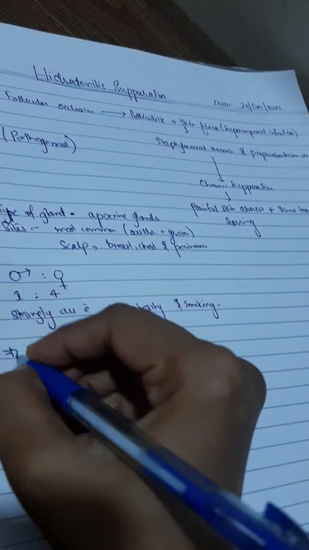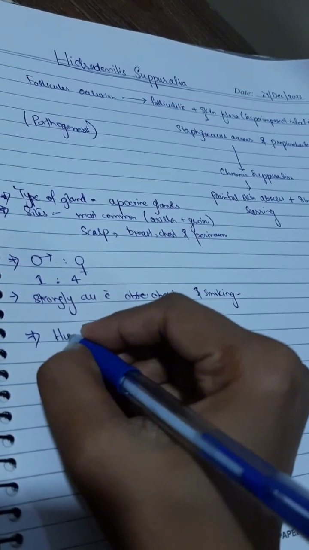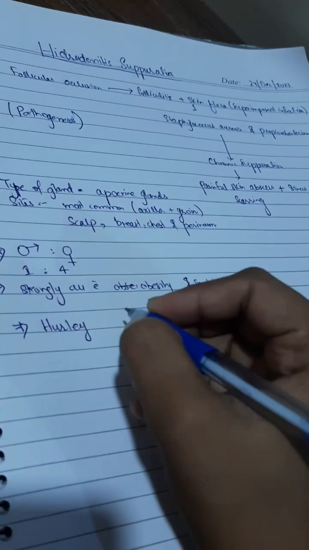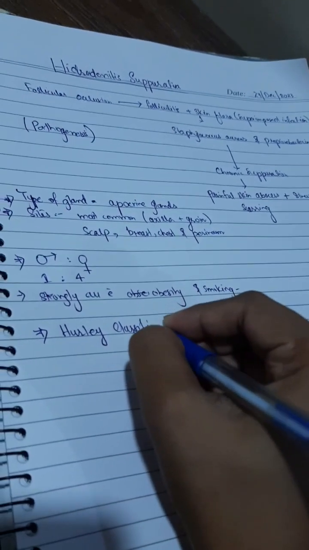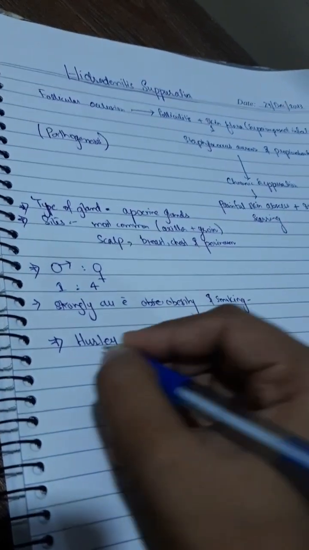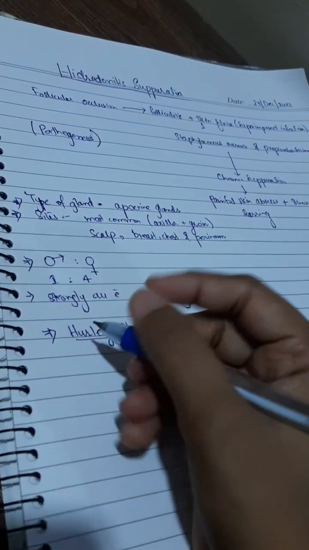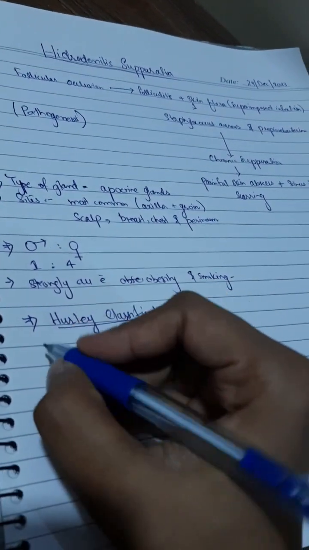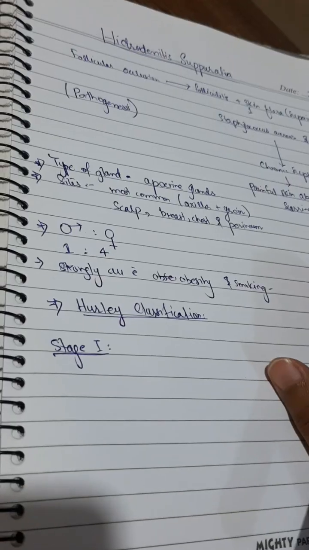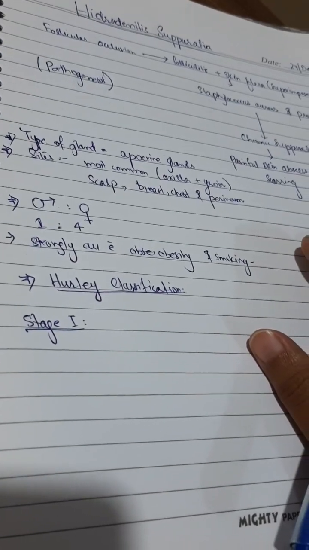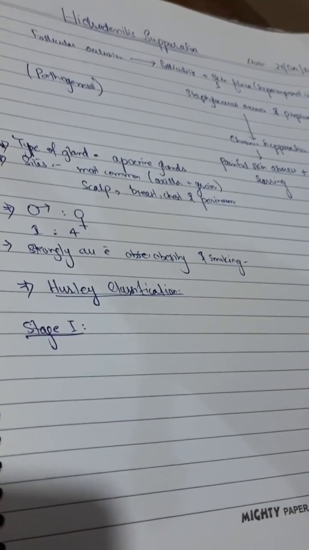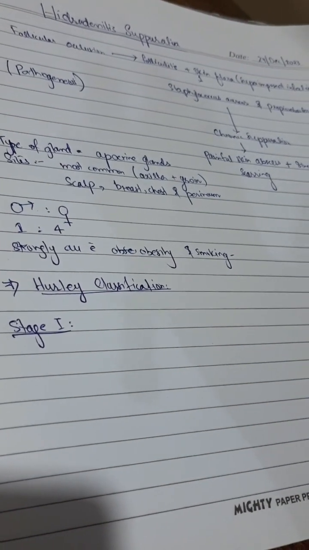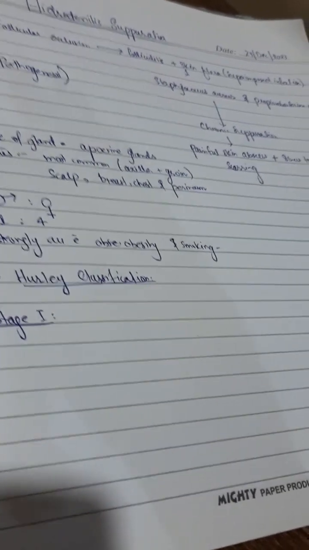There is a classification known as the Hurley classification for staging of hidradenitis suppurativa. If a patient comes to you and you have to categorize at what stage the patient is, with clinical examination, you may categorize the patient in 3 stages.